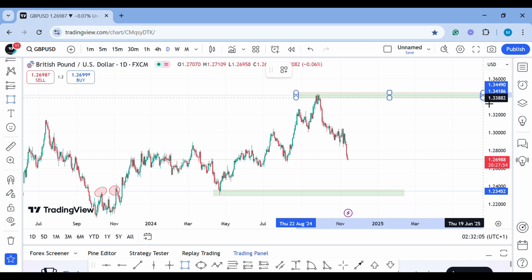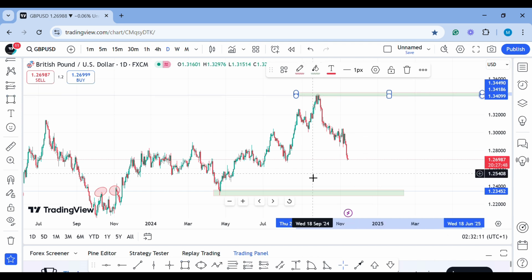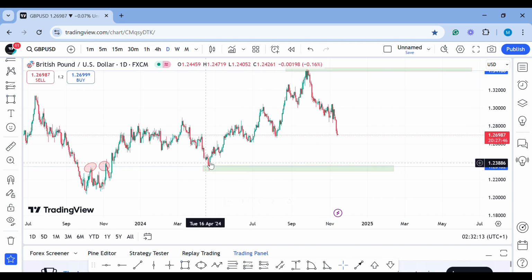It is a zone where I should be expecting the market to react. You can see how I plot it from the body of this candle down to this wick. That's how I plot mine, from the body of the candle down to the wick.